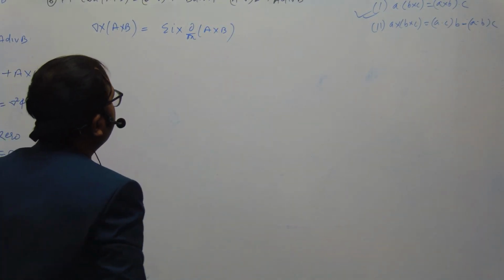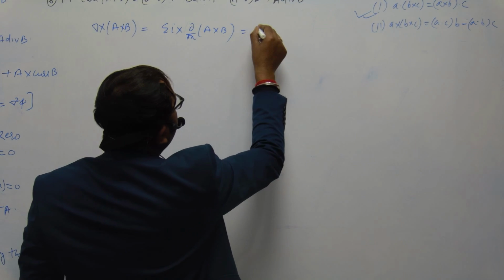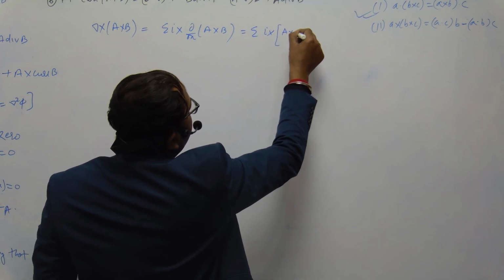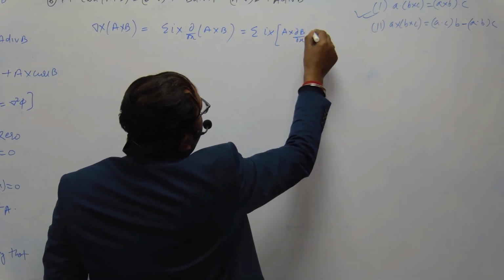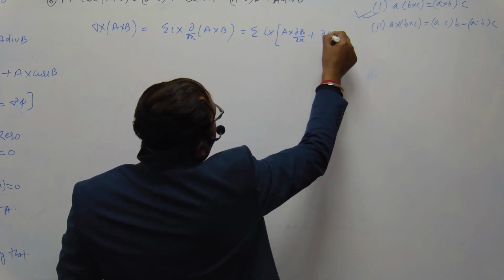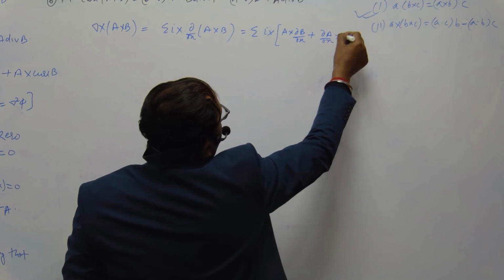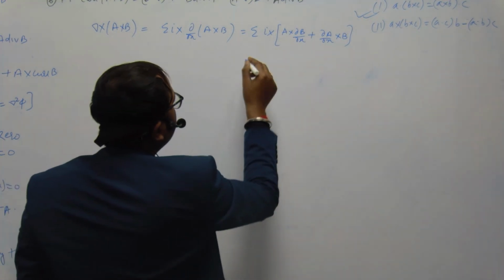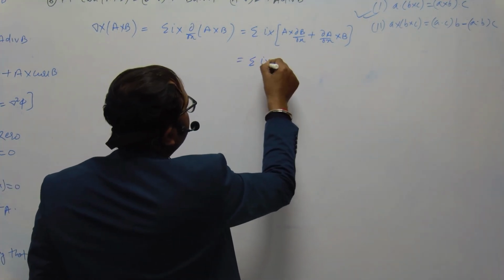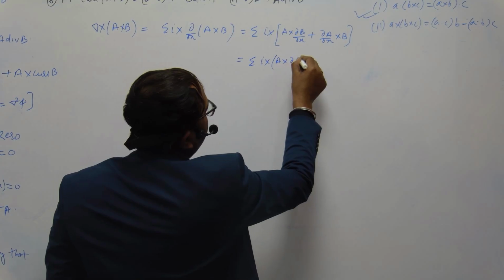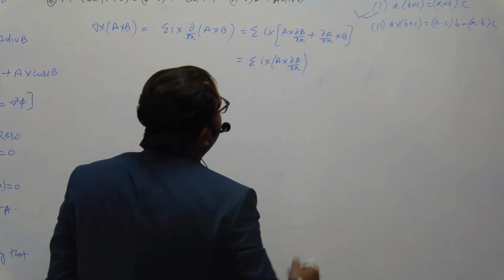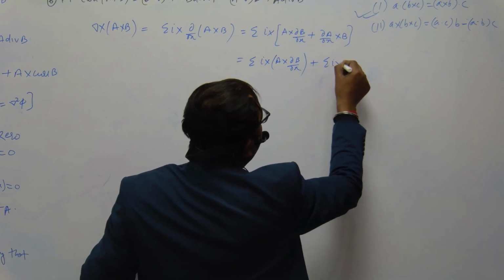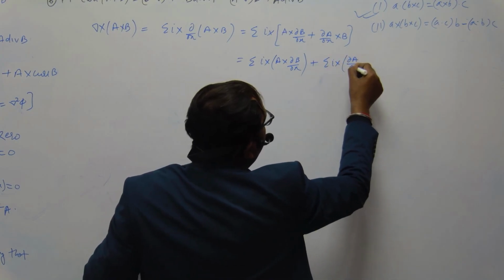This is equal to summation i cross a cross del b upon del x plus del a upon del x cross b. Okay, let us bifurcate this. So this is equal to summation i cross a cross del b upon del x plus summation i cross del a upon del x cross b.